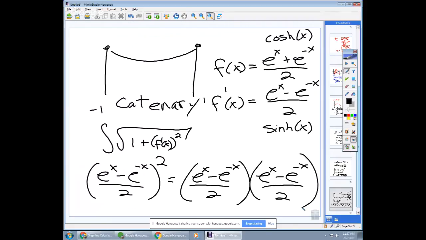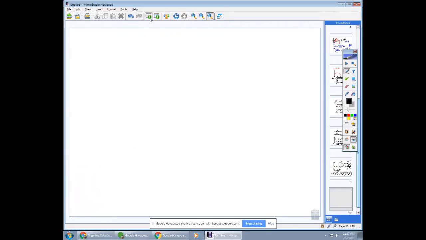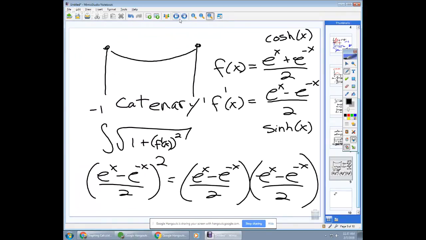All right, so what do we get here? I get e to the x times e to the x is e to the 2x. And then the middle terms, e to the x times e to the negative x is just 1. Let's see. So I get that's the e to the 2x. E to the x times e to the negative x, that'd be a negative 1.